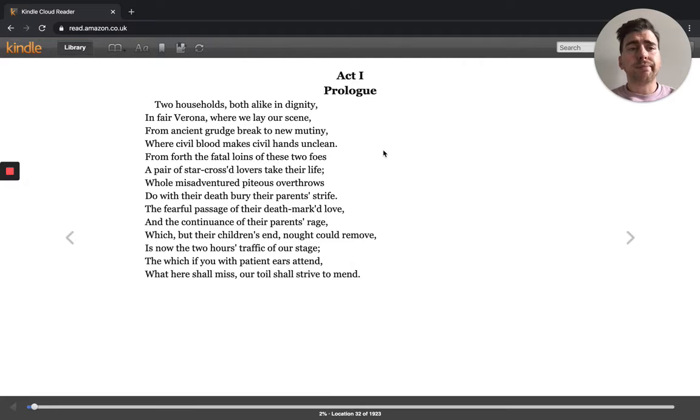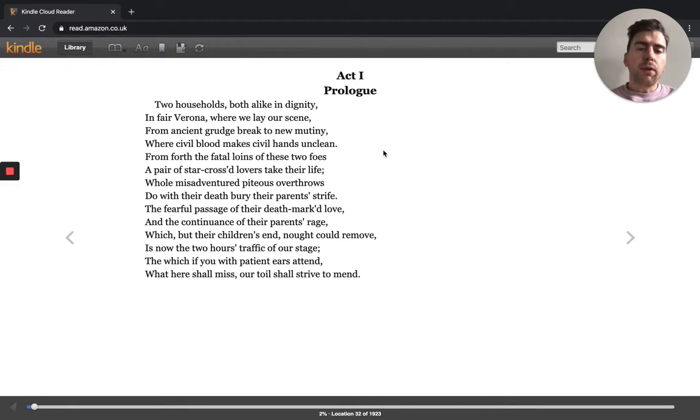Act 1, Prologue. Two households, both alike in dignity, in fair Verona, where we lay our scene, from ancient grudge break to new mutiny, where civil blood makes civil hands unclean. From forth the fatal loins of these two foes, a pair of star-crossed lovers take their life; whose misadventured piteous overthrows do with their death bury their parents' strife.